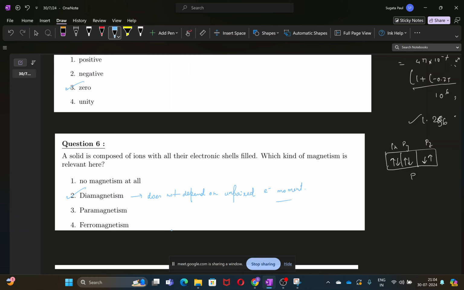Even if every material has some diamagnetic property, you cannot see or feel it until all the other effects are absent. Like if the material is absolutely not paramagnetic, meaning there is no unpaired electron in the system, then paramagnetism cannot occur, so its strength cannot overwhelm the diamagnetism strength, and you can feel some diamagnetic property associated with the system.